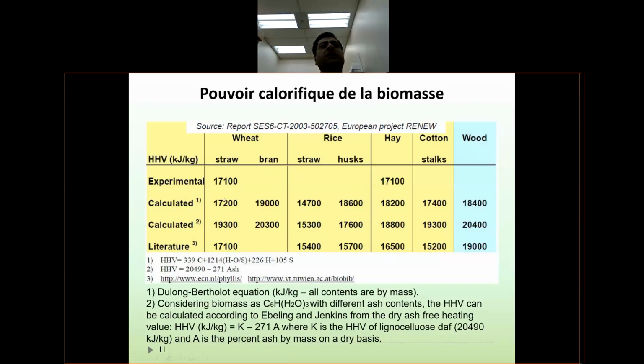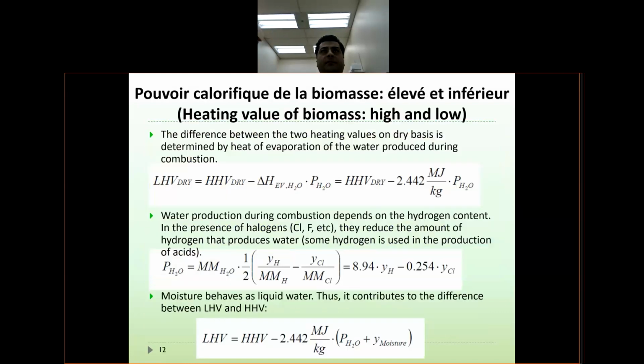But experimentally, usually we use a bomb calorimeter in the lab to measure the high heating value of biomass. But there is something important I want to focus on here. Usually, when we talk about the heating value of any fuel, we have high heating value and low heating value.